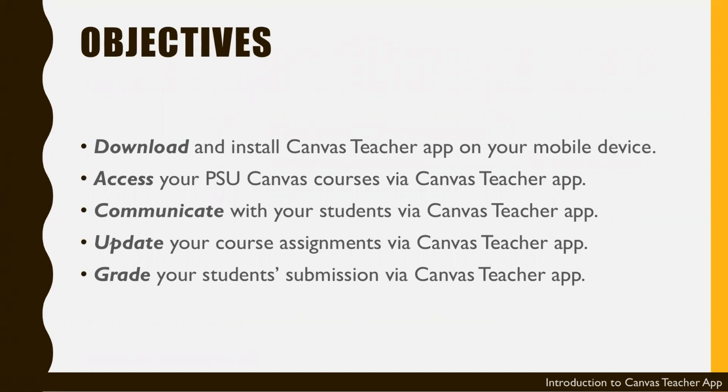You should also be able to access Penn State Canvas courses using the Canvas Teacher app, communicate with your students using the app, update the assignments, and then also grade or assess students' work using the Canvas Teacher app. So I hope this is going to be well covered during the session.